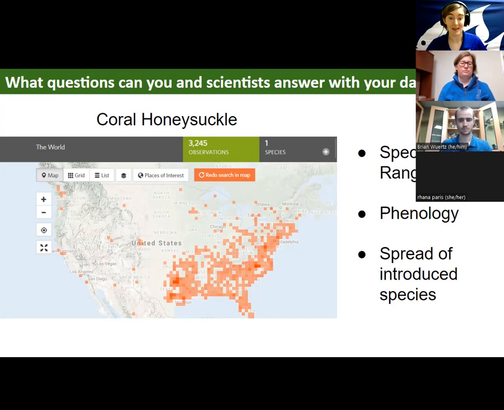I think for me, the use of iNaturalist data for research that I think is the coolest and the most personally interesting is in studies of phenology, that second bullet point here on this slide. Phenology is a study of cycles in nature.